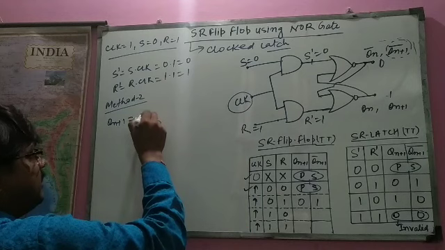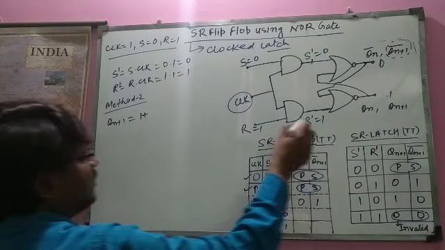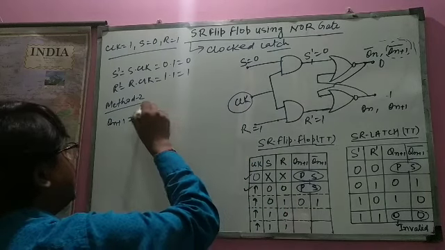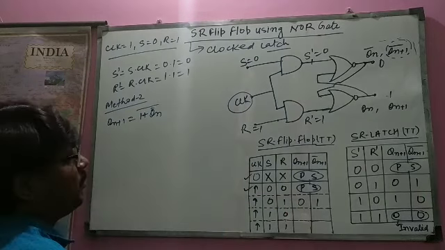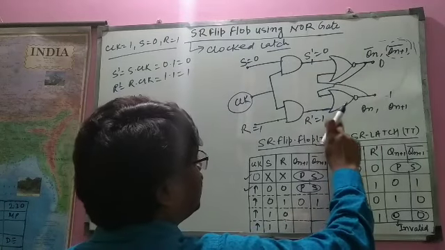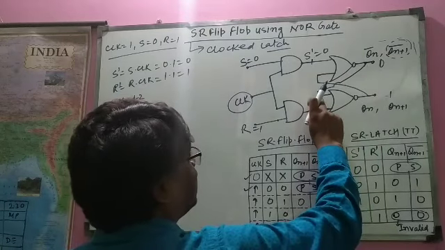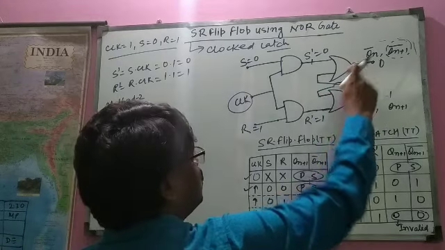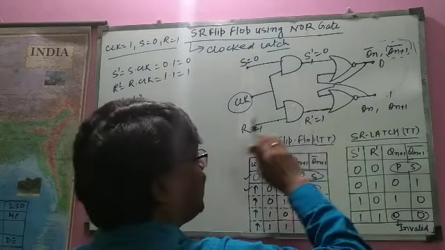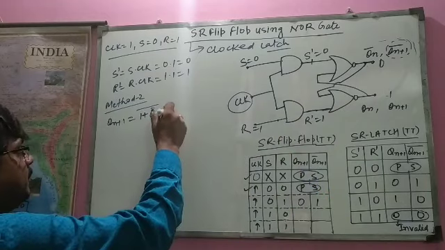So one of the inputs to the NOR gate is 1 and another input is Qn bar. So its output will be the whole bar of 1 plus Qn bar.